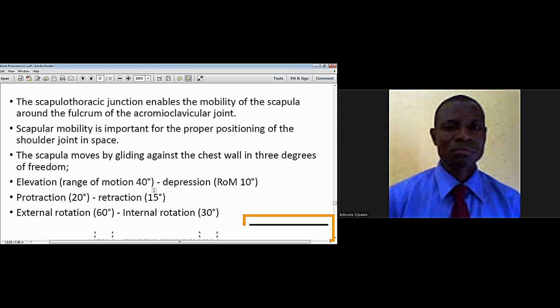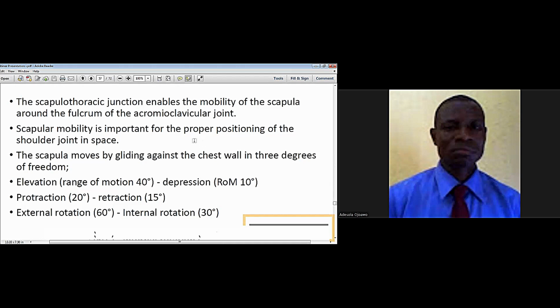We have depression as well, that all of us can do whenever we move. And when we do each of those movements, your shoulder too is moving. You can feel the scapula moving, so you cannot just do them in isolation. Do them and other joints of the body are moving as well.